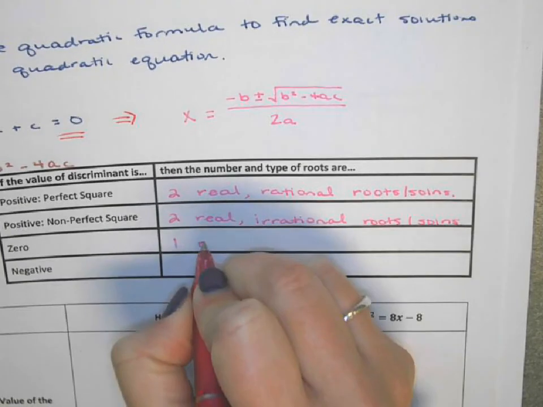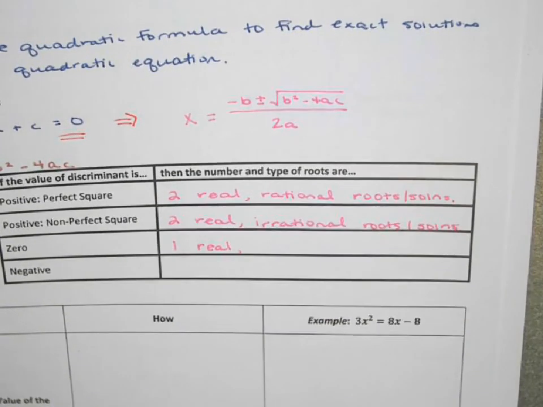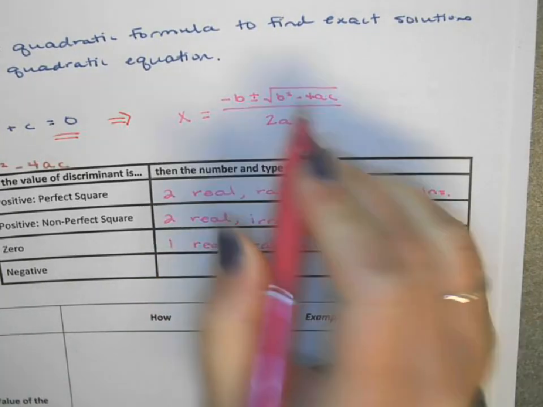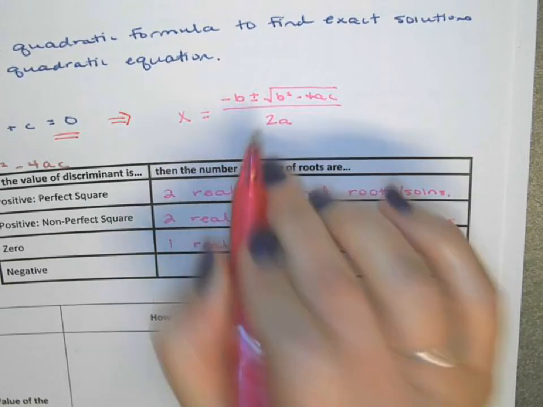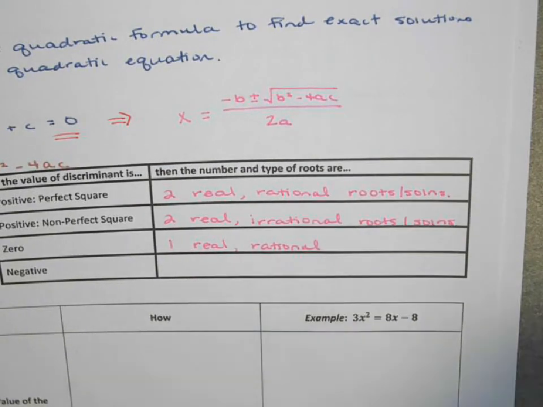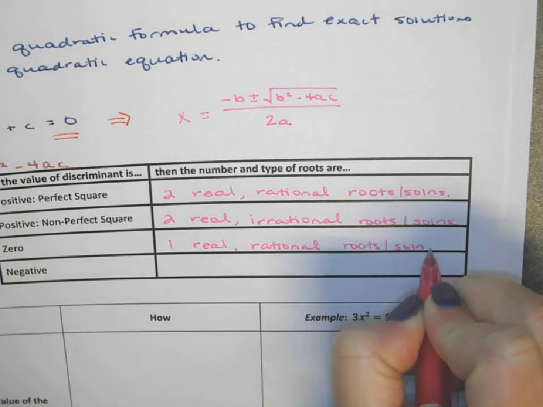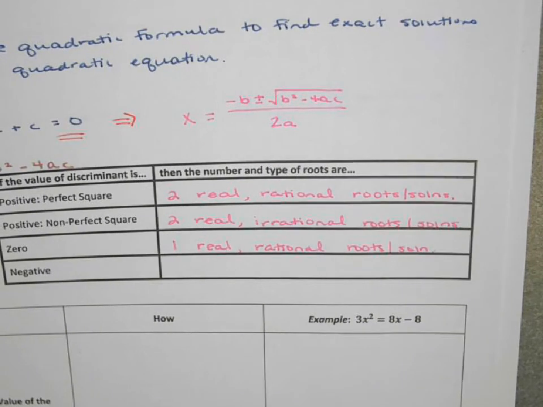It is real because 0 is a real number. And it is rational because you'll have negative b plus or minus 0, so a number divided by 2a, and a number divided by a number is a rational number. It's just a fraction. So 1 real rational root or solution. No s at the end of that one.